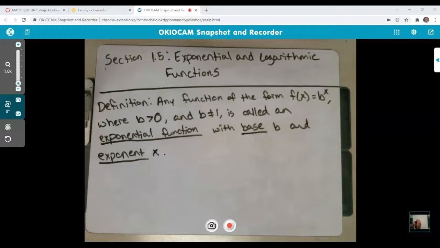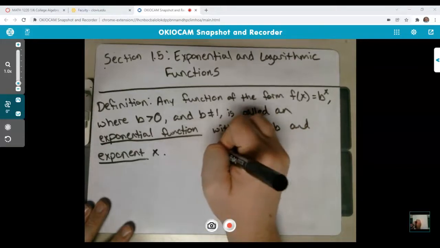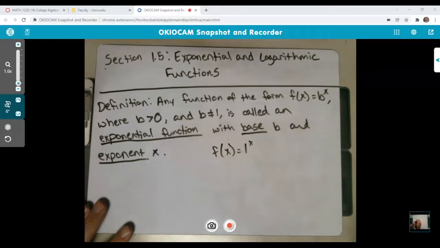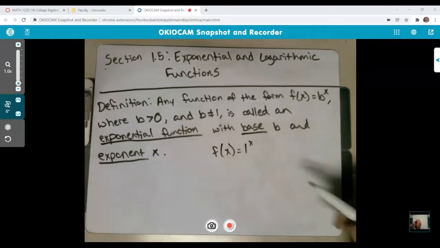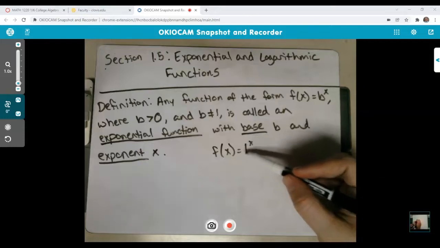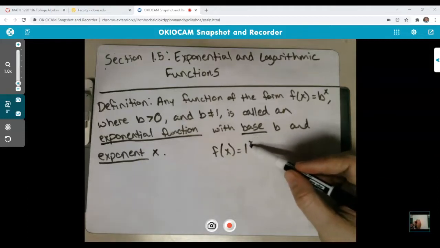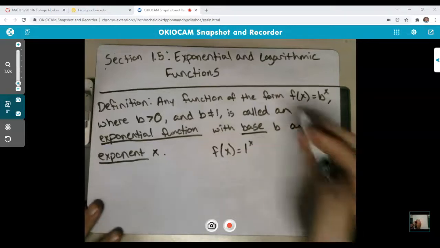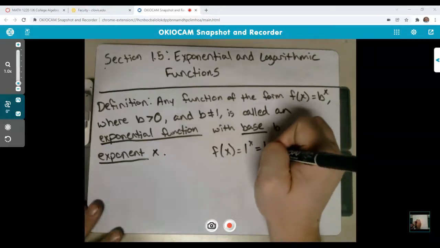So the reason we say b cannot be equal to 1 is because let's see what would happen if it was. So let's say I had the function f of x equals 1 to the power of x. Well, think about it. No matter what I plug in here for x, it could be 1, it could be 10, it could be 100, I'm always going to get a 1.